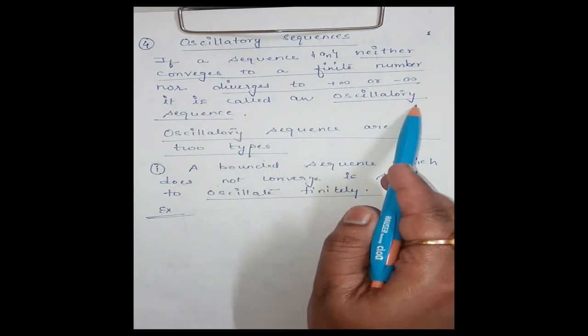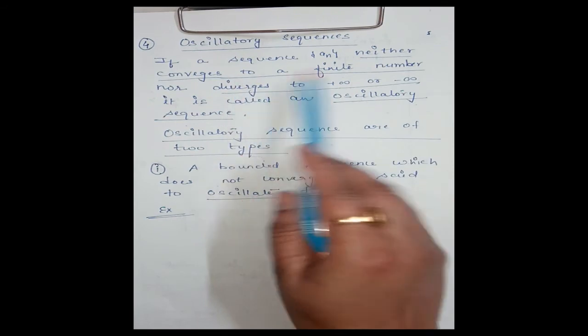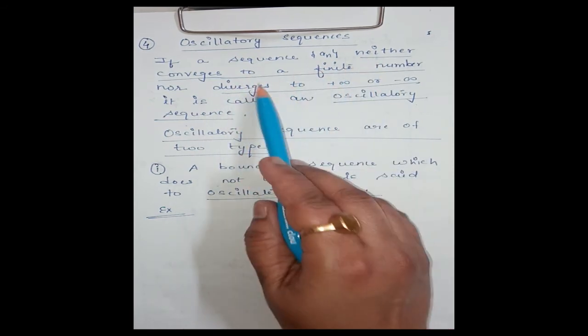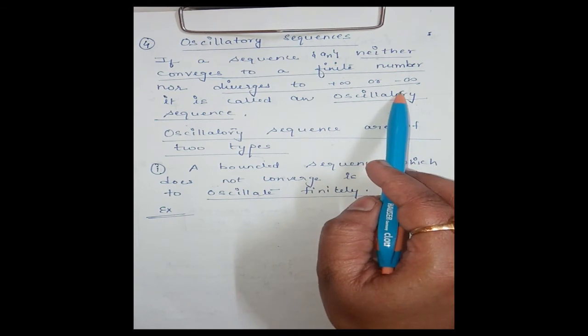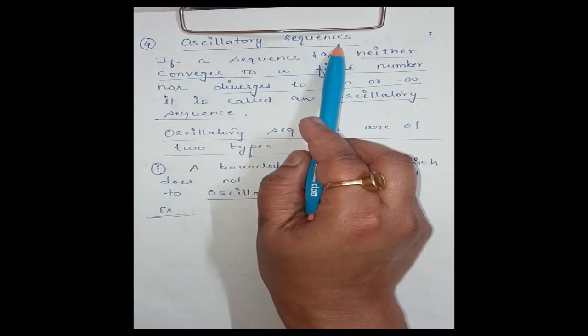Clear? If it neither converges to a finite number nor diverges to plus or minus infinity, that type of sequence is known as an oscillatory sequence.